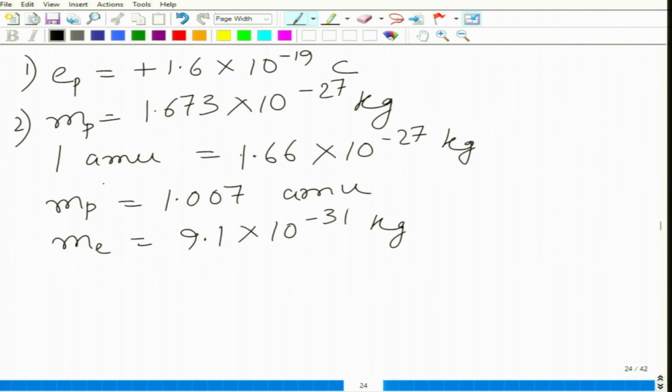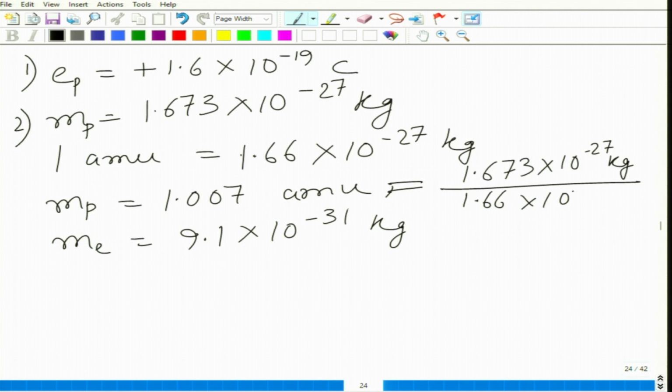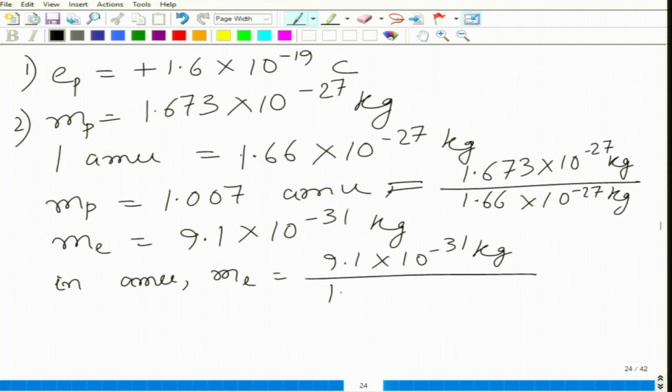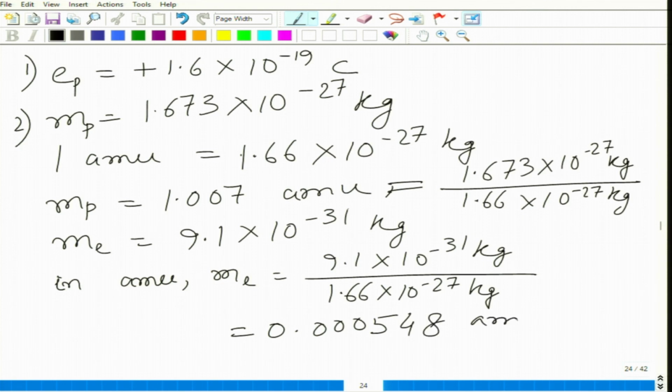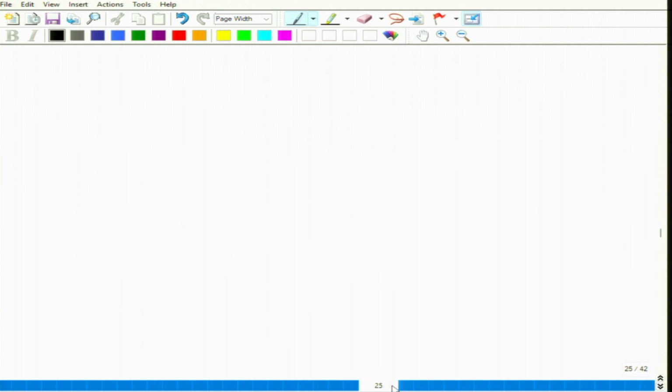So if we calculate in the same way, similarly in AMU, the mass of electron was found out to be 0.000548 AMU.